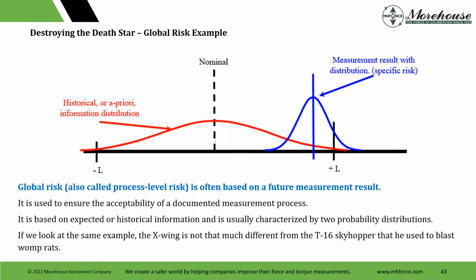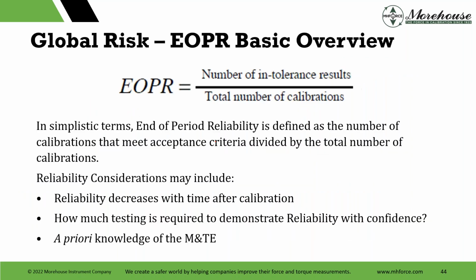So Star Wars global risk is based on that future measurement result, used to ensure the acceptability of a documented measurement process. It's based on the expected or historical information, usually categorized by two probability distributions. If we look at the same, the X-Wing is not much different from the T-16 Skyhopper that used to blast Womp Rats. So that's it. That's how global works.